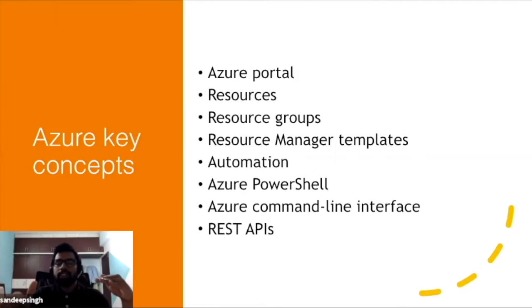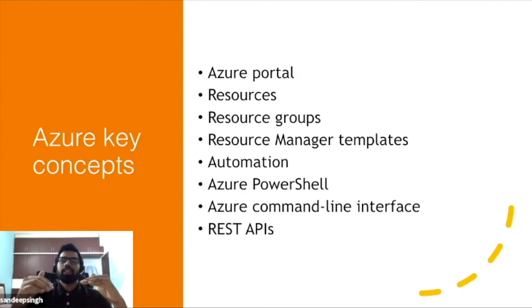And within one subscription there can be multiple resource groups. Generally, how should we create resource groups? Let's say I have dev, prod, test, SIT, and performance environments, then I can have five resource groups, one for each environment. Under one resource group I can have multiple resources.